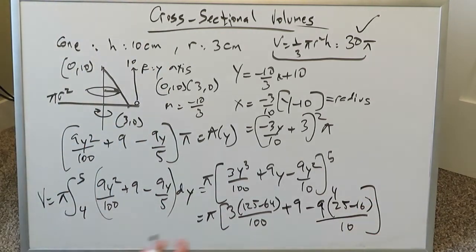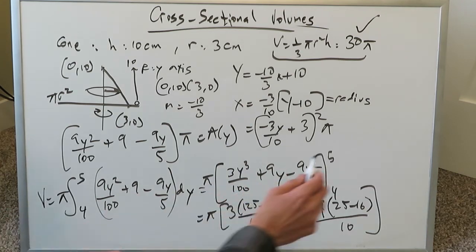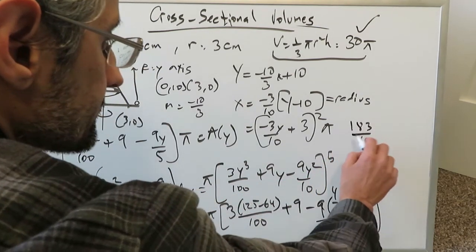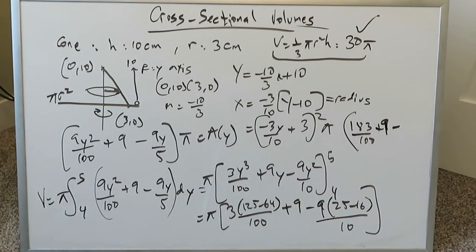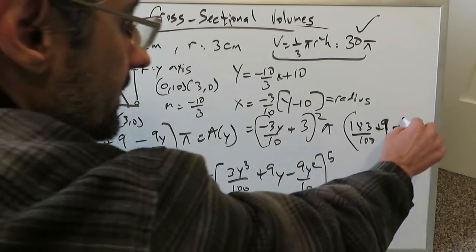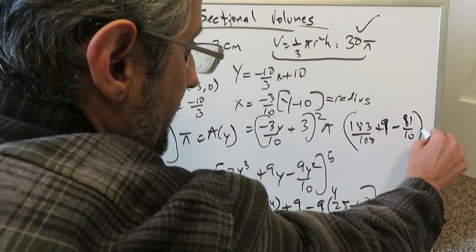This right here has to be all solved, and let's do it. We have 125 minus 64 times 3 divided by 100. I'm getting 183 over 100 plus 9 minus 25 minus 16 times 9. I'm getting 81 over 10. Minus 81 over 10. We have a pi sitting outside.